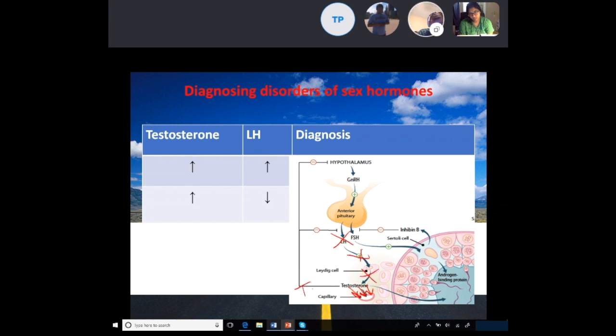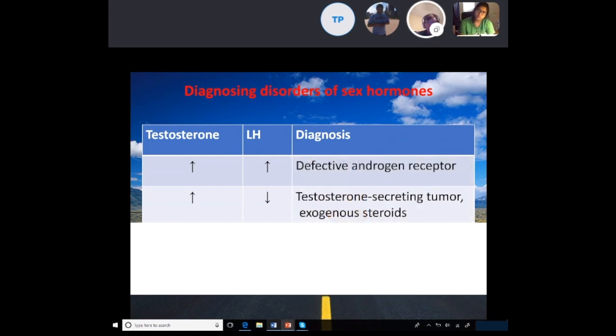That means we've got T that is coming in either from some kind of tumor that's secreting testosterone, or we've got a guy that's a gym rat and he's injecting himself with some T. Because we've got this extra testosterone that is able to turn off LH, yet it is still able to target the end organ. So, we got high T, low LH, we've got an external source of testosterone.